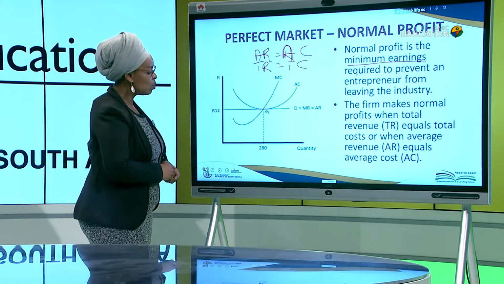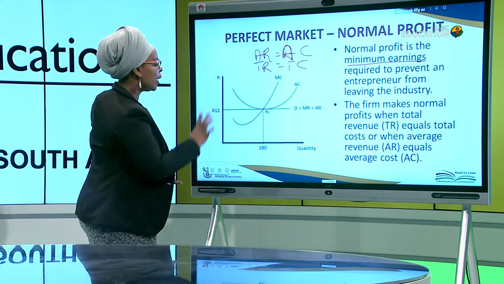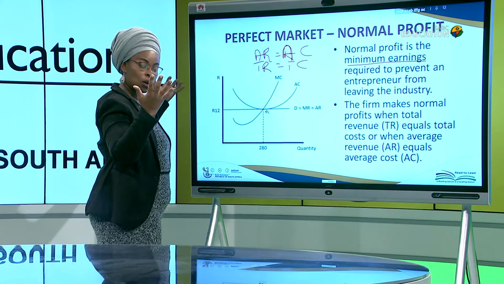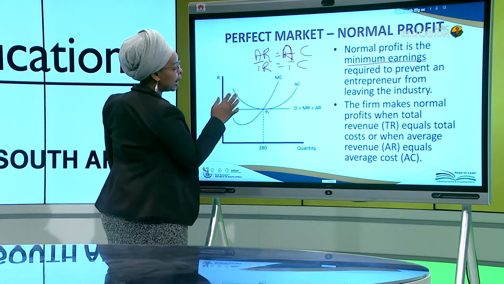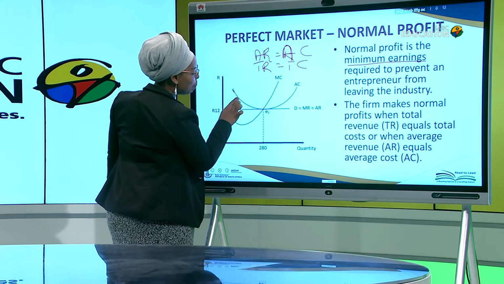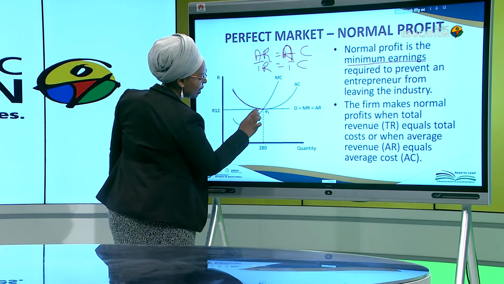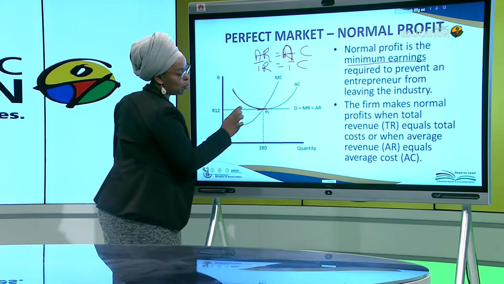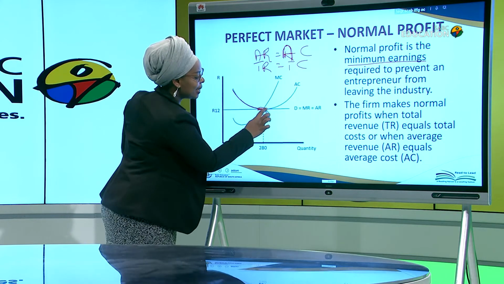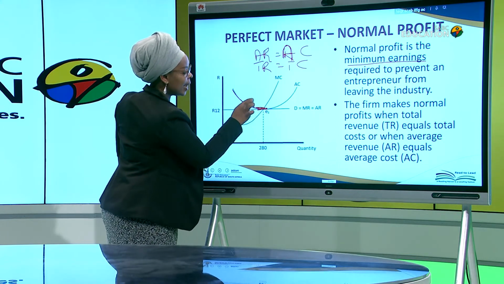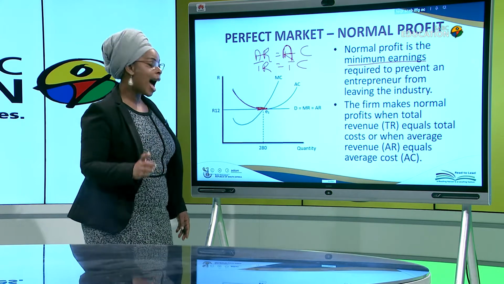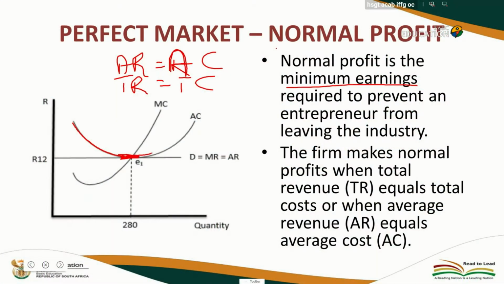So let us look at it graphically. When you draw your AC curve, which will always be a U-shaped curve, it will drop until that point where it is tangent. I talked about tangent. It is tangent here. At this point, AC and AR are equal, and then it will rise again.